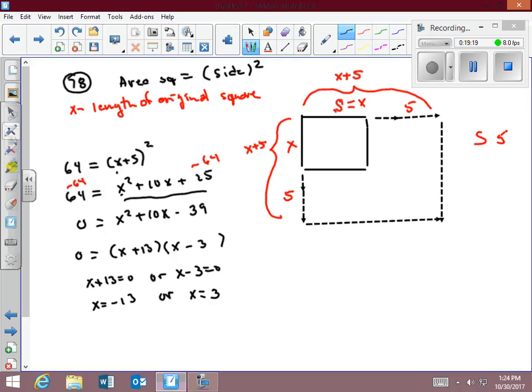So which one is it? X is equal to 3, right? Because you can't have a side negative 13 long. So the answer here is x equals 3, and I guess we should probably be carrying units, inches. That's what the original side was.